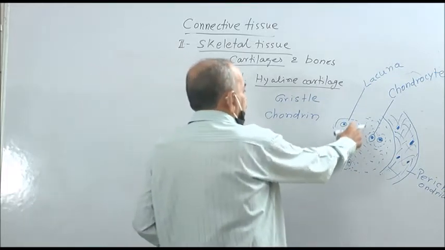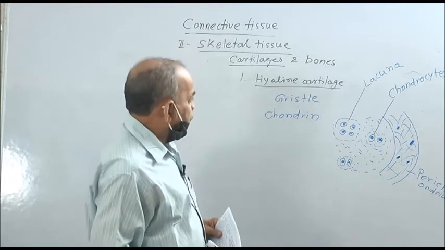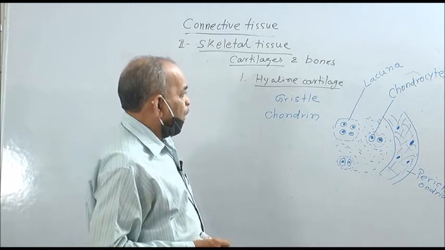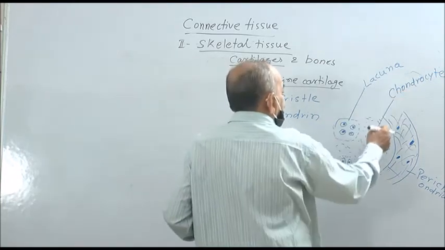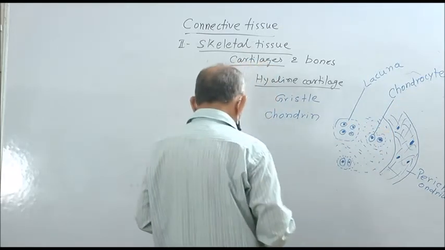Here there is a delicate network of collagen fibers. Chondrine is produced by cartilage cells called chondroblasts or chondrocytes. Here these are the chondroblasts or chondrocytes.